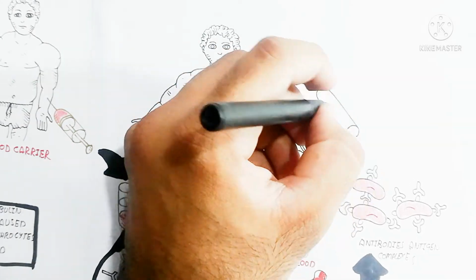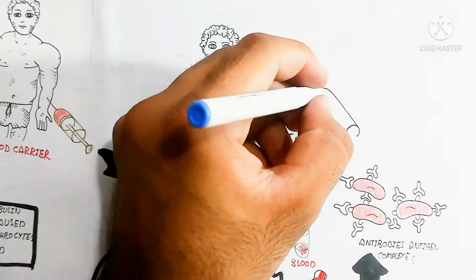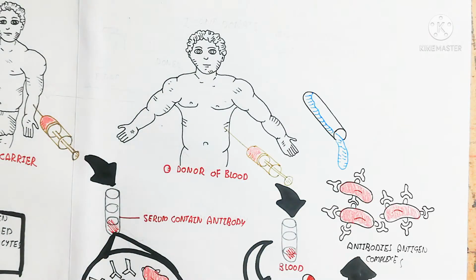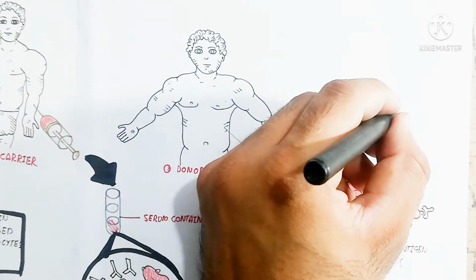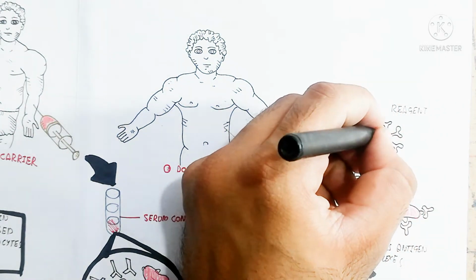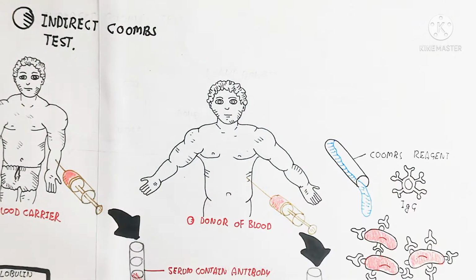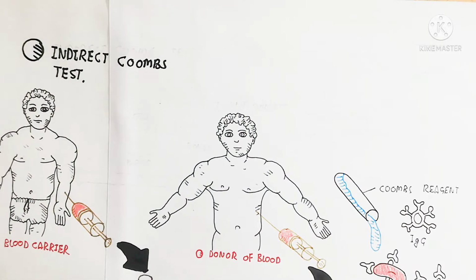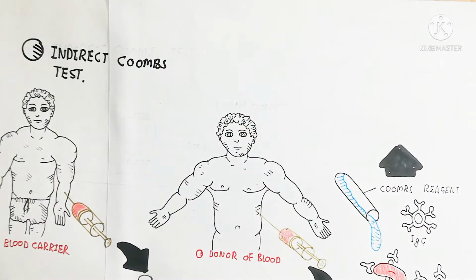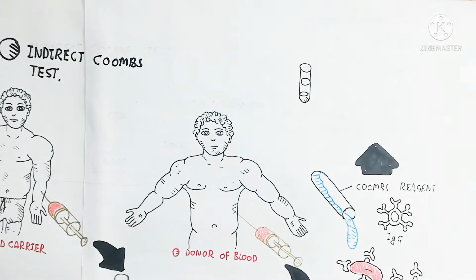So these reagents will be added to the binding site of the antibodies of the blood carrier, which are present in the plasma but not bound. So when IgG is added to the red blood cells through the Coombs reagent, agglutination or clump formation will occur. So we can say that the indirect Coombs test is positive.